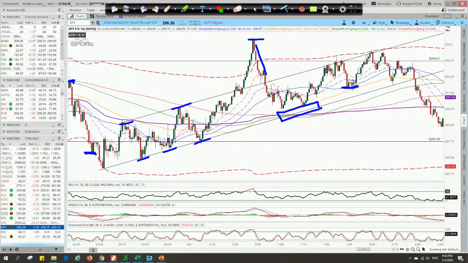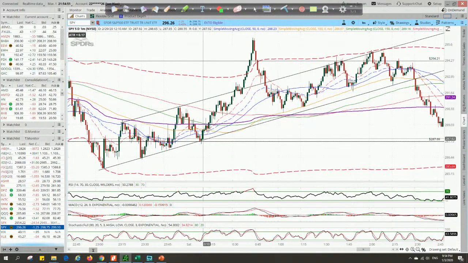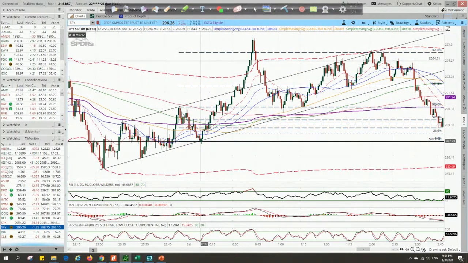Okay, so we have to rewind a little bit. When I see this strong move upwards, how I analyzed the trade at that point in time was to use the Fibonacci retracement. So initially, at this wave here, I drew a wave down, and this is what I saw.